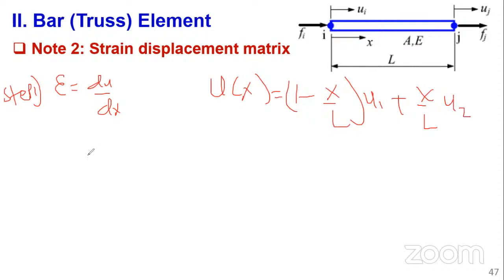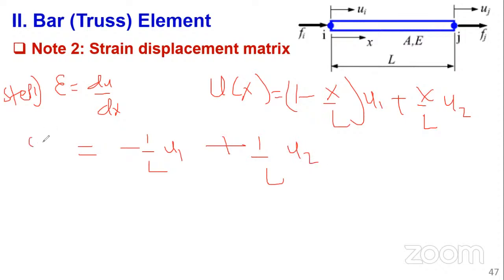Basically, if you now want the first derivative of u of x so that you can get strain, you just need to differentiate this. If you differentiate with respect to x, you are left with minus 1 over L u1 plus 1 over L u2.